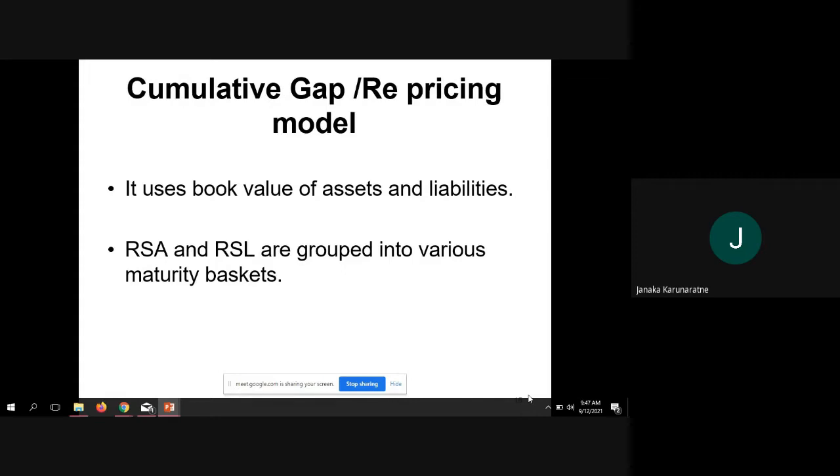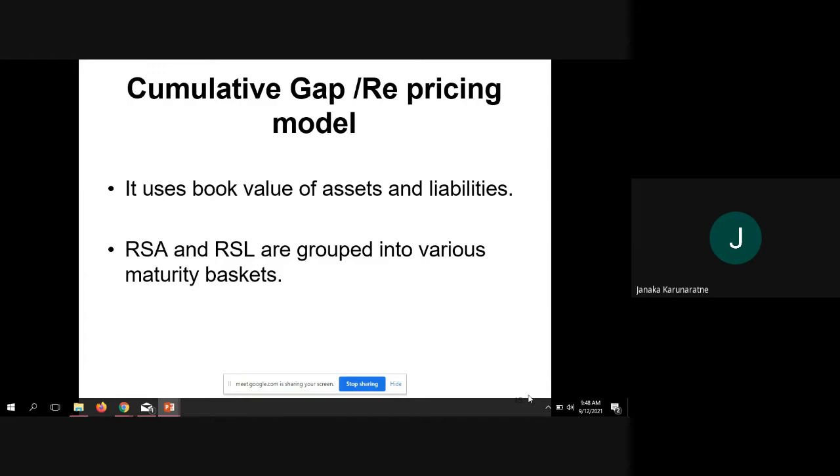Now let's move on to the cumulative gap model, which we also call the repricing model. What do we mean by the repricing model or the cumulative gap model? In this model, we use a very simple analysis of assets and liabilities in the balance sheet.